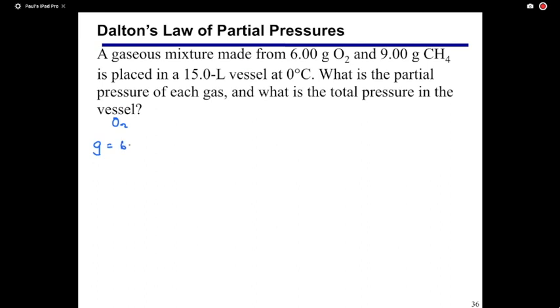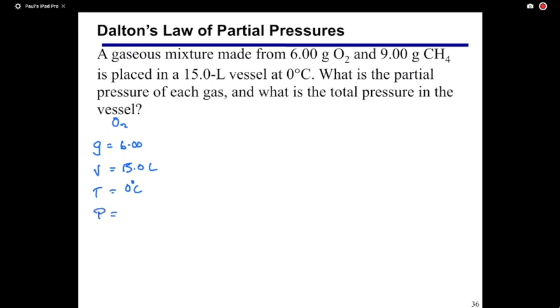That is 6.00. Then it says, I'm going to ignore methane right now. It says it's placed into a vessel that has a volume of 15.0 liters and is at a temperature of 0 degrees Celsius. What is the partial pressure?